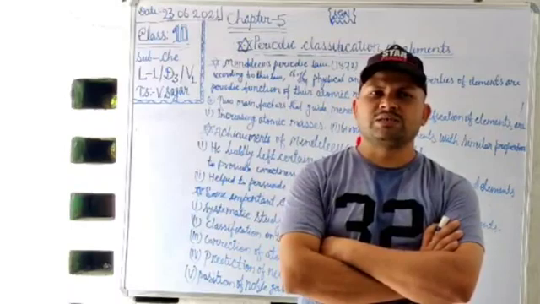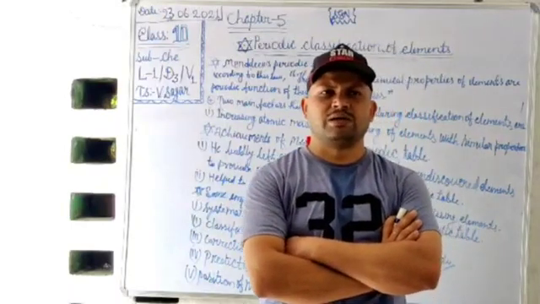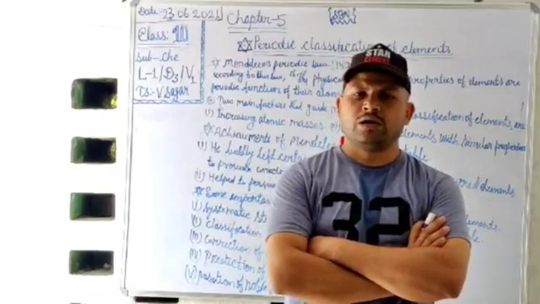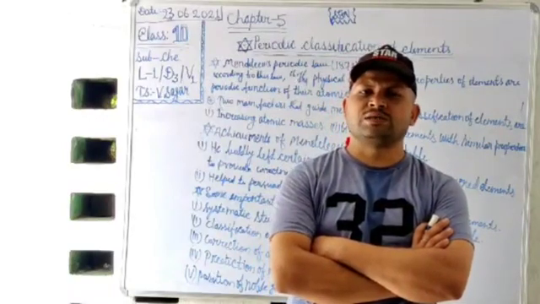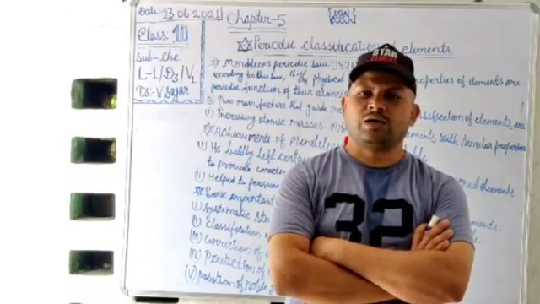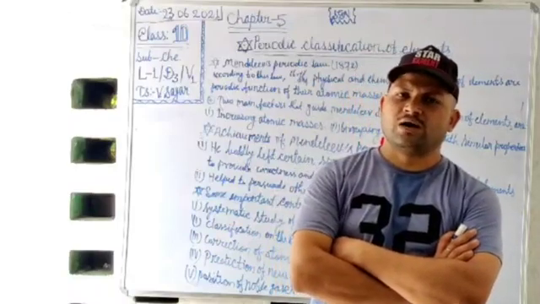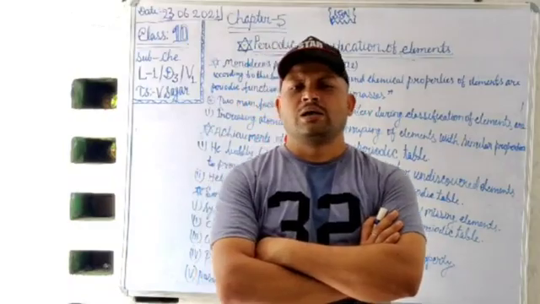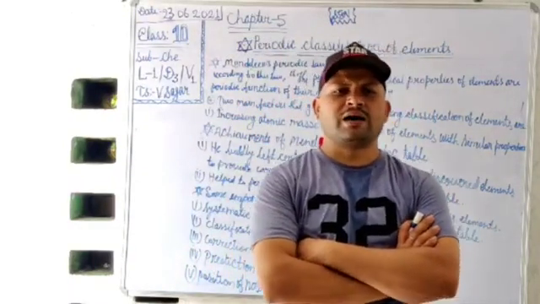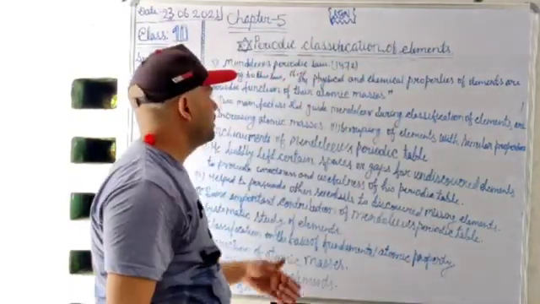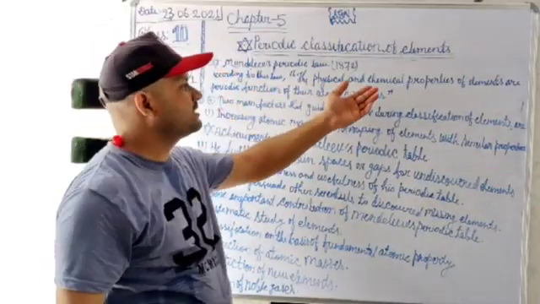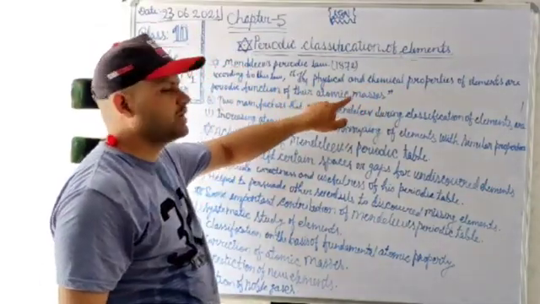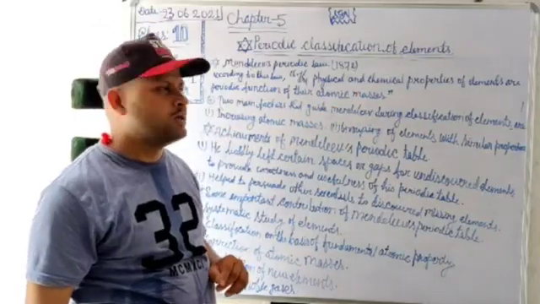He published a journal in German in 1872, in which he describes a law that is called the periodic law, and in this he explained that all the physical and chemical properties of elements are periodic functions of their atomic masses.